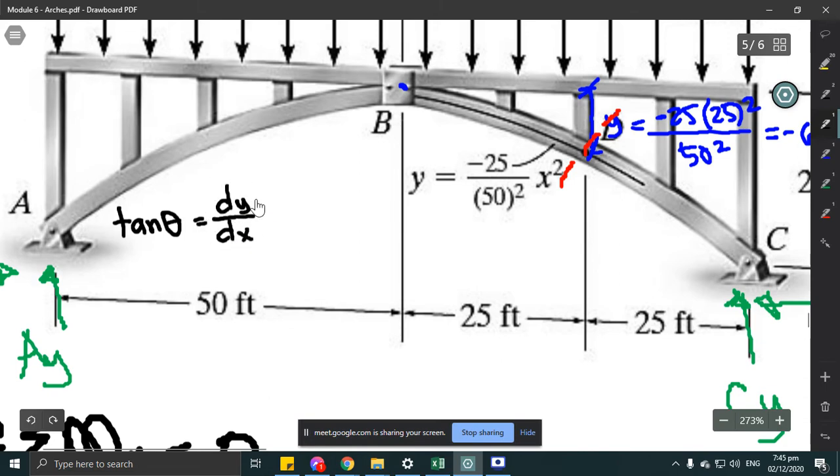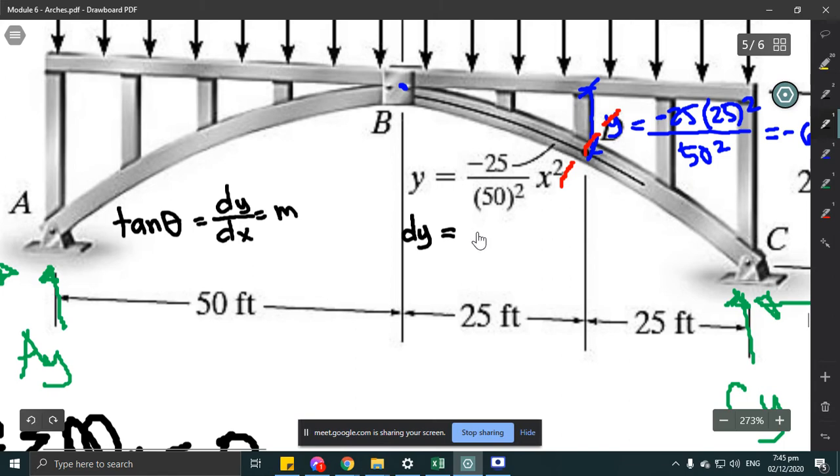So ang kailangan natin is to solve this equation in terms of dy over dx. So ang mangyayari lang dyan, we need to take the first derivative of this equation. Ito is magiging dy lang, itong y na to, that is equals lang din sa slope ha.